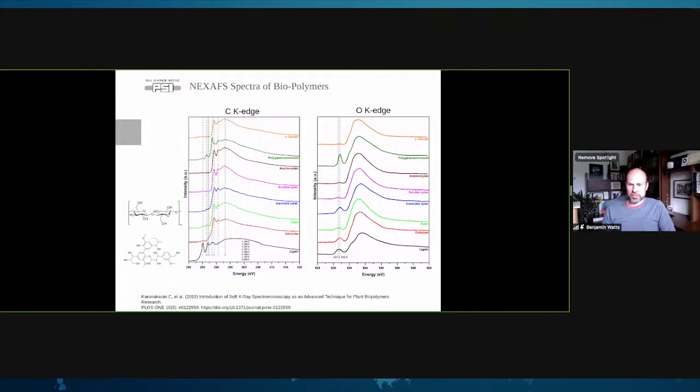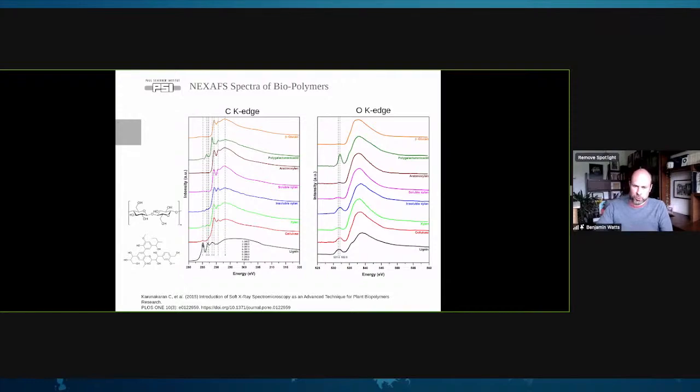So what we're really looking for is the ratio of resonance peak heights, which indicate the proportional amount of different types of bonding. So we can see here that lignin at the bottom of the plot is clearly different from the other polymers here in that it has a very strong peak at 285 eV.